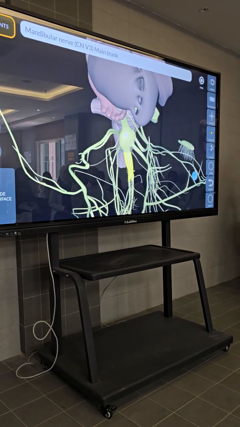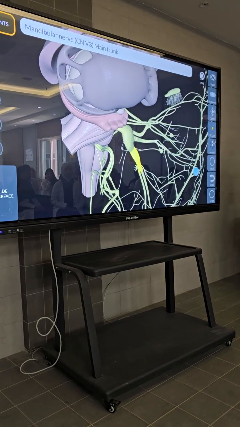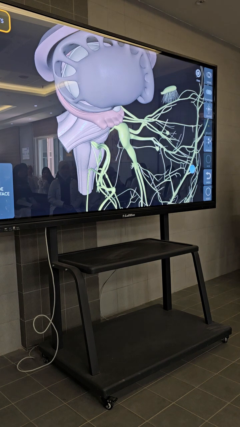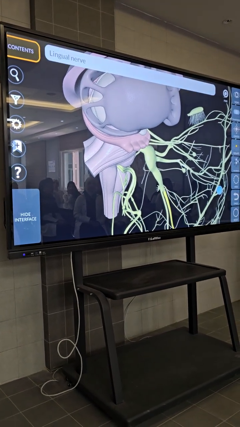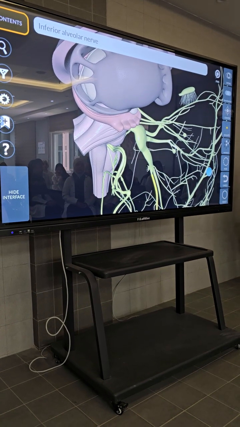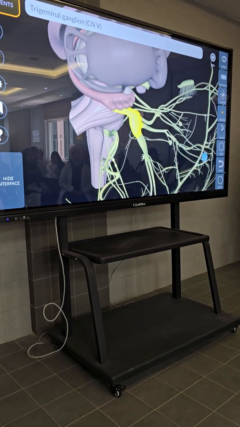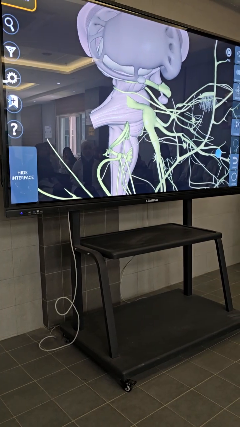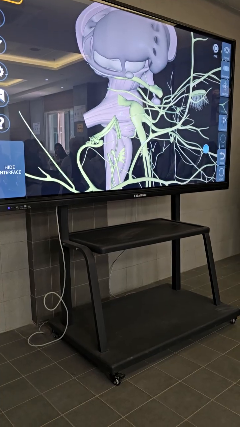And you see here there are three branches from the anterior part of this nerve: the buccal branch, the lingual nerve, and the inferior alveolar nerve. This nerve is the fifth cranial nerve, the trigeminal nerve.